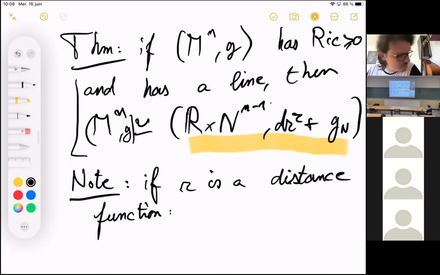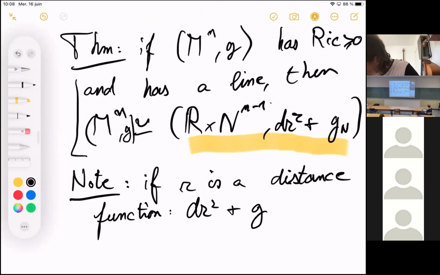So we have seen yesterday that the metric can be split into a factor in the radial direction and a metric on the hypersurfaces.